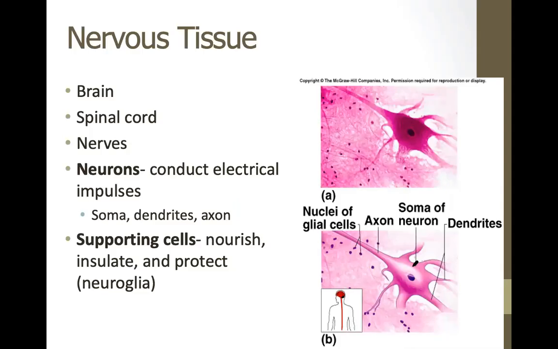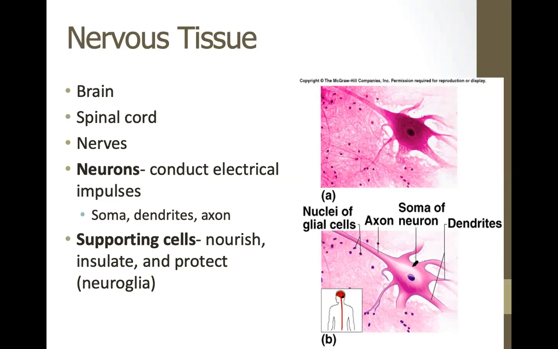Okay. Last one we have within our tissue is the nervous tissue. So nervous tissue is found in your brain, your spinal cord, and your nerves, which is basically your nervous system. The main category of cells that we have are referred to as neurons, or you can simply call them nerve cells.